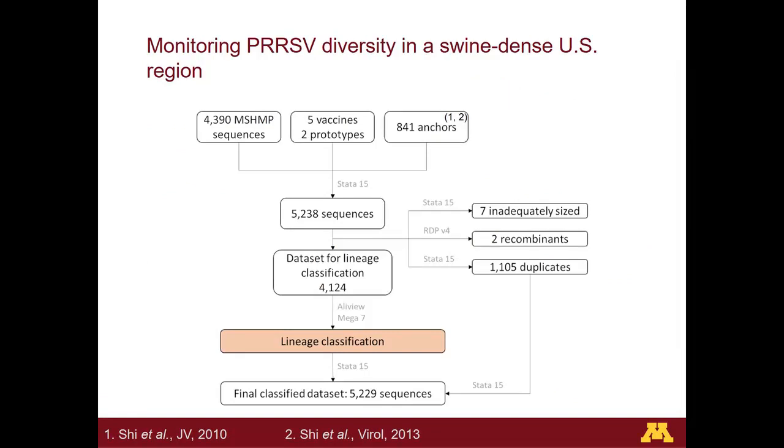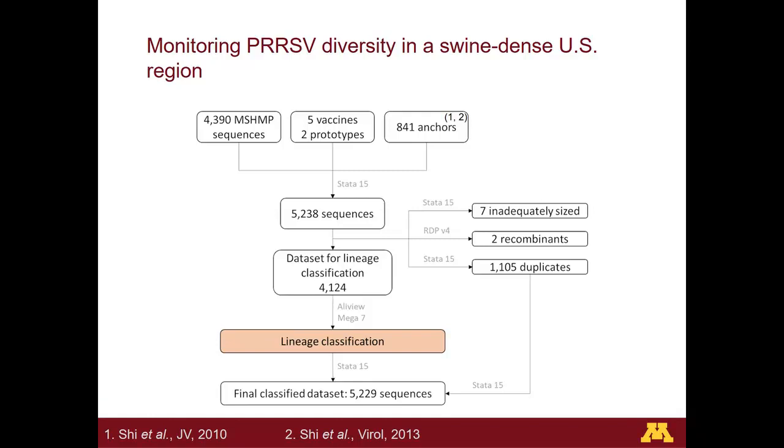So what we did, I'm using the same data set as Mariana was using. I selected 4,300 sequences from MSHMP from one specific region of the country. I obtained vaccines and the two prototypes, the North American and the European prototype. I also obtained 800 and something sequences that I'm calling quote-unquote anchors.